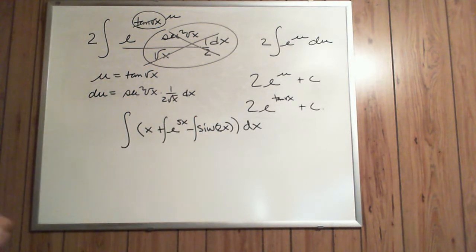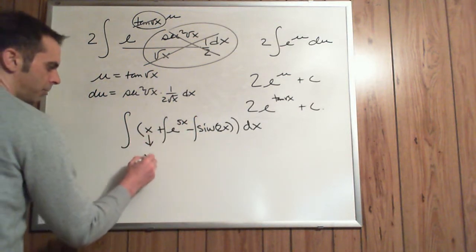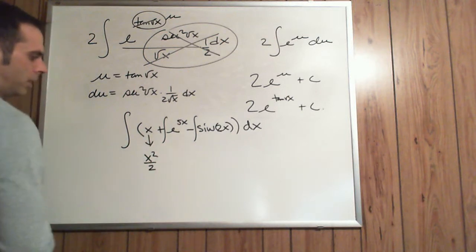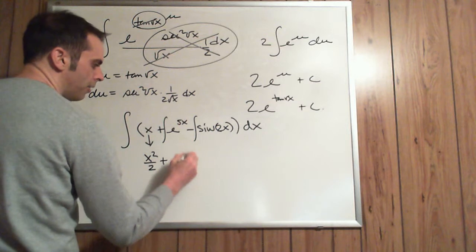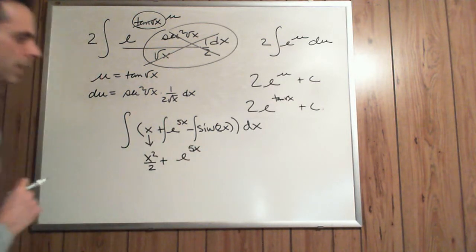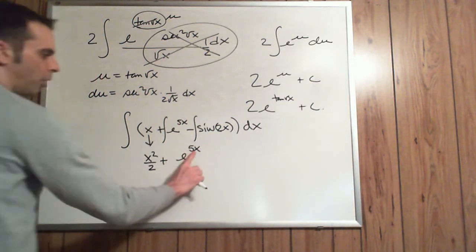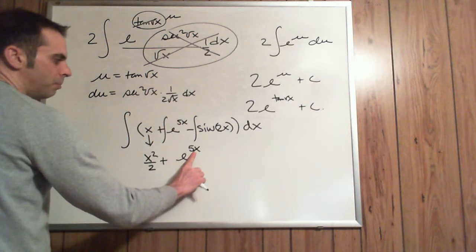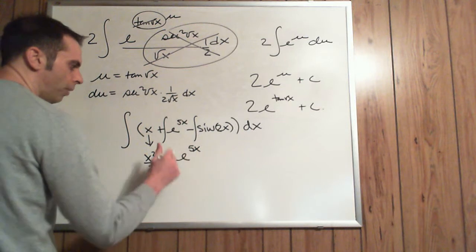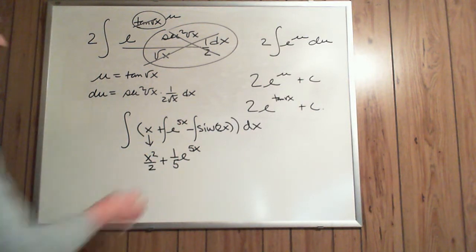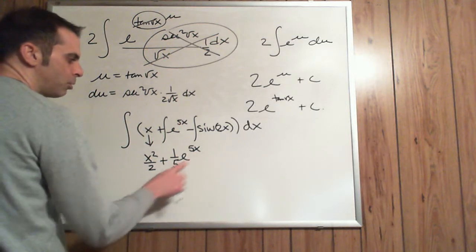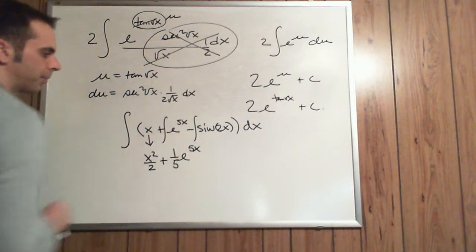And the indefinite integral of x dx would be x squared over 2. This antiderivative would be, as a shortcut, the function itself, and the derivative of the exponent is 5, but the antiderivative needs its reciprocal, 1/5, so that when you would take the derivative, 5 and 1/5, these would drop out to leave you with 1.